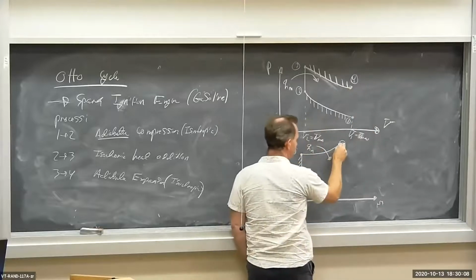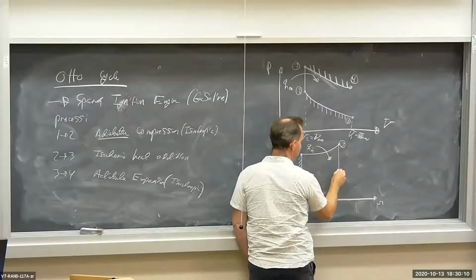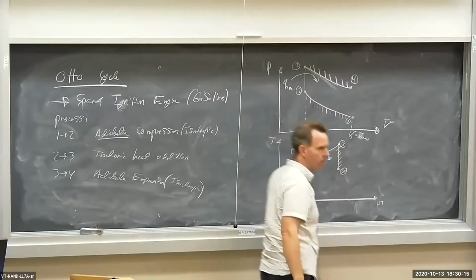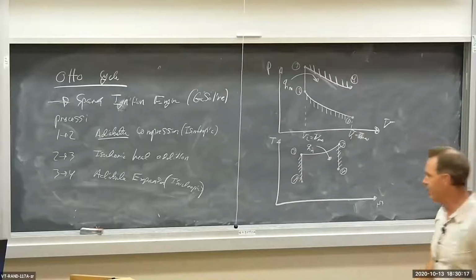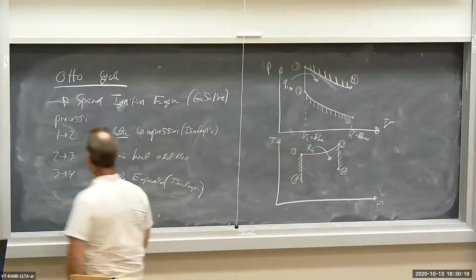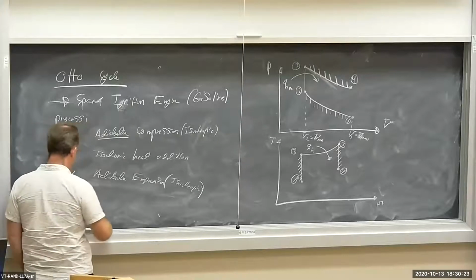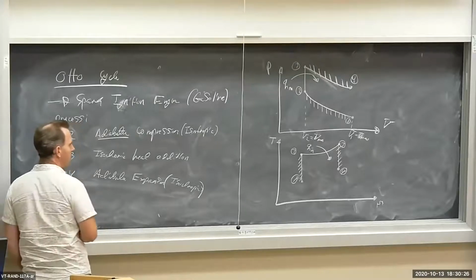Isentropic expansion, temperature falls, no change in entropy because we have no heat transfer down to state 4, okay? Then to get back to state 1 to complete the cycle, 4 to 1, we have isentropic what?